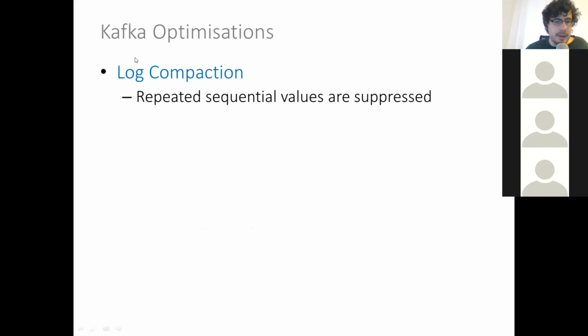So what other optimizations do we have? There are various types of optimizations. I won't get into the details too much, but we have, for example, different forms of log compaction where repeated sequential values are suppressed. You can do something like an interval encoding. For example, if you have a stream of data coming from a temperature sensor, a thermometer, it might be the case that you just end up reading every second the same temperature and it doesn't vary, right?